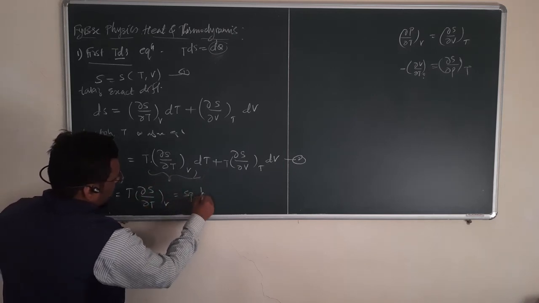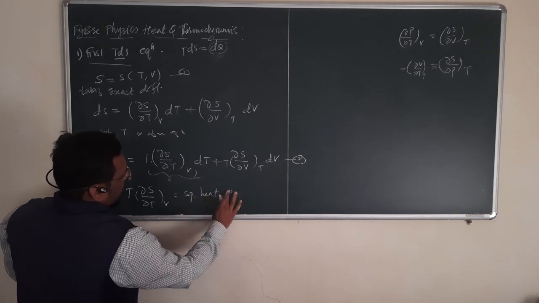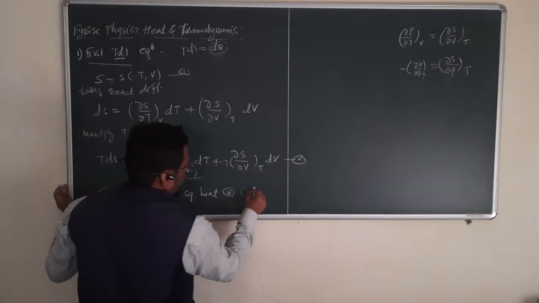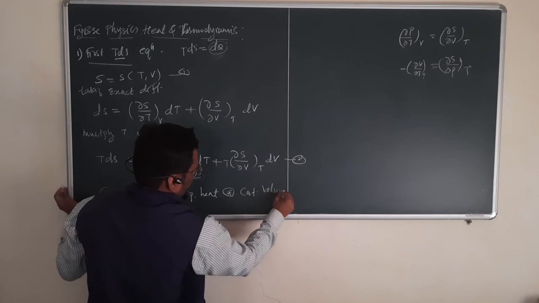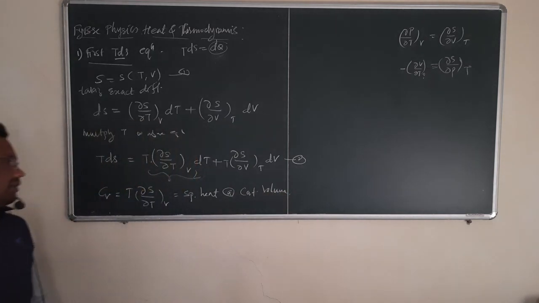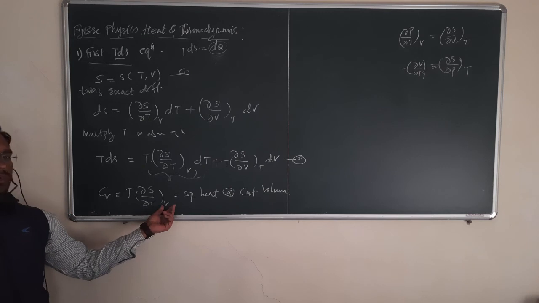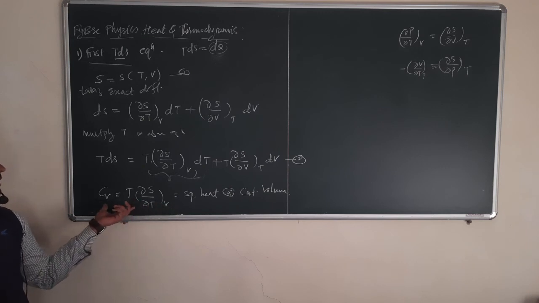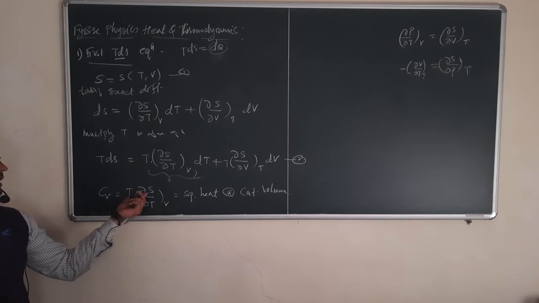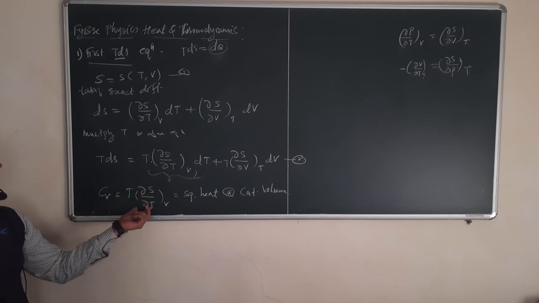Specific heat at constant volume means the amount of heat energy absorbed by a unit mole of that substance at constant volume. Since this is T and this is dS, we have this dQ divided by T at constant volume.